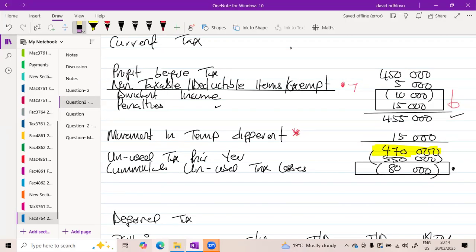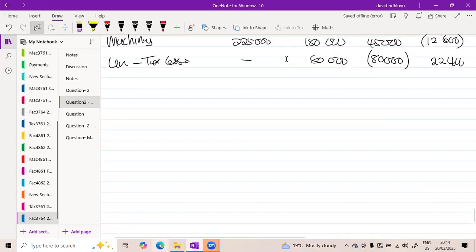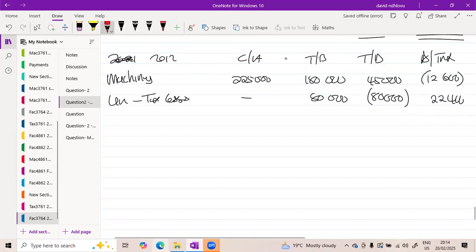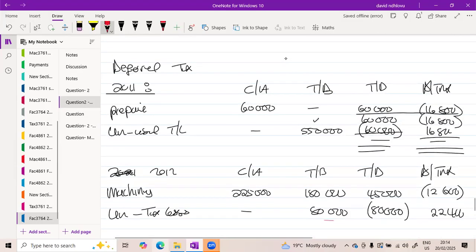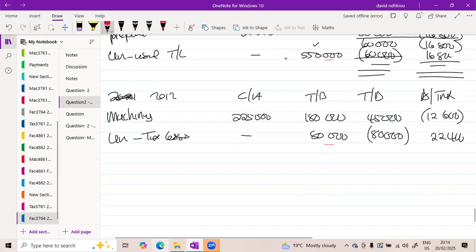So you do the current tax calculation until you get that figure there, and that figure is the one that you then bring here. This one, we don't have to calculate, it was given in the question. But the one for 2012, you always have to calculate that. Now, because they said you are expecting future profits to be adequate, you don't have to limit. You use the whole amount.